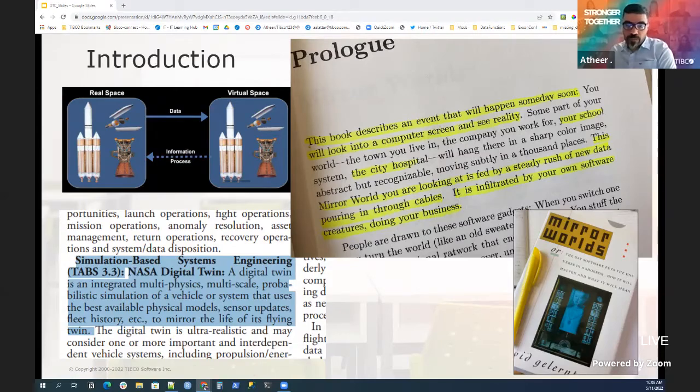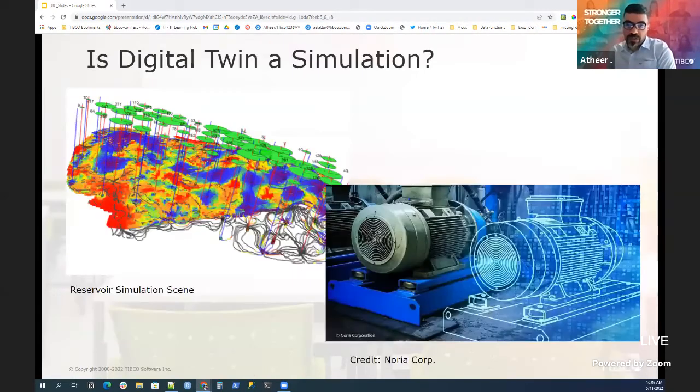Now, some of the questions that we see nowadays: is the digital twin a simulation? Or what is the difference between a digital twin and a simulation? So the simulation is an imitation of a real process or entity that includes models and parameters.